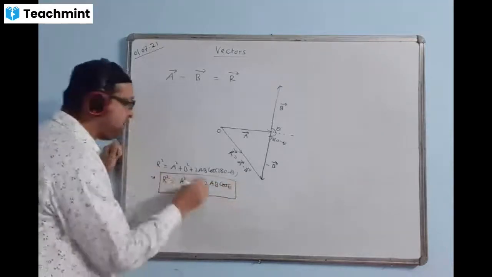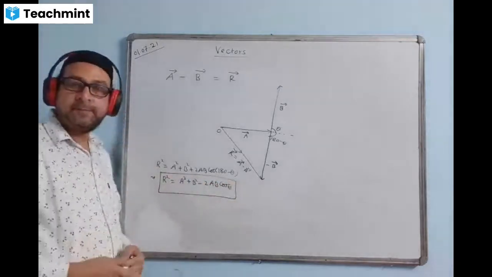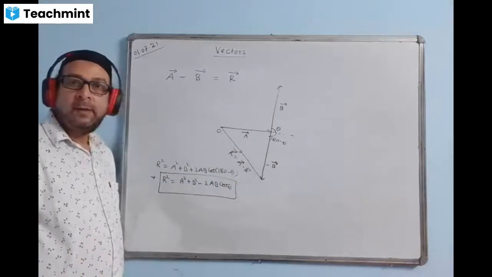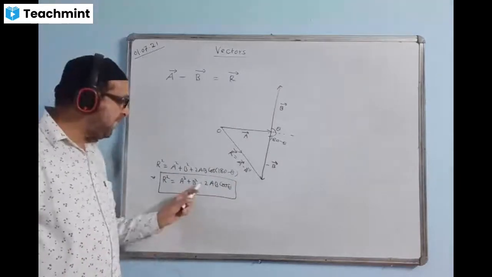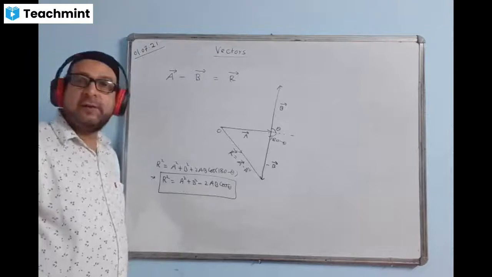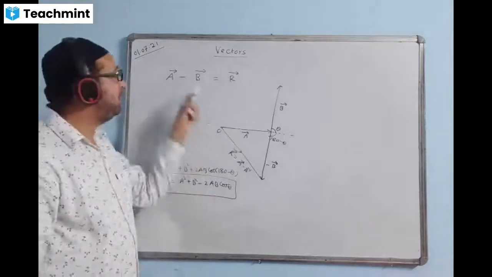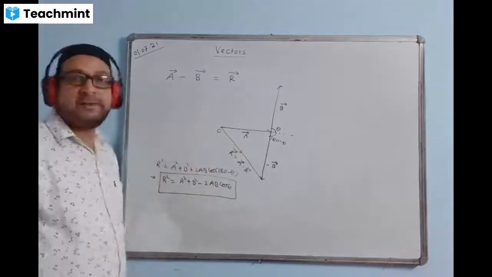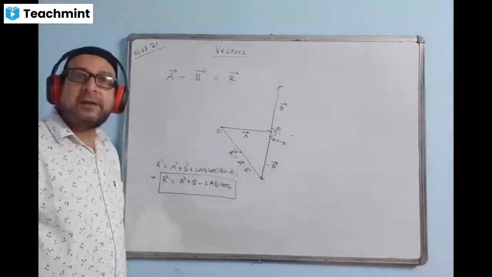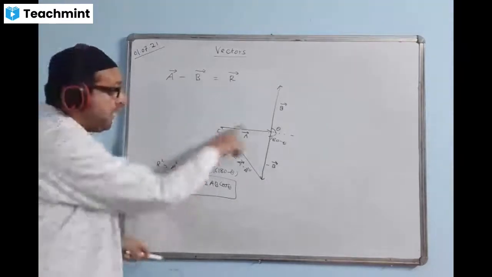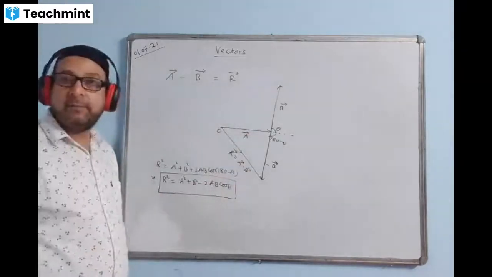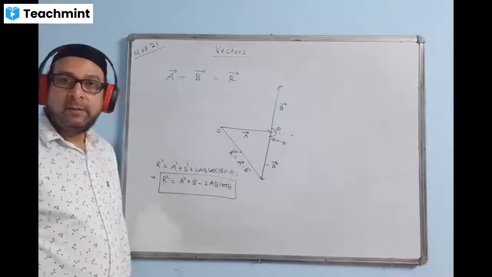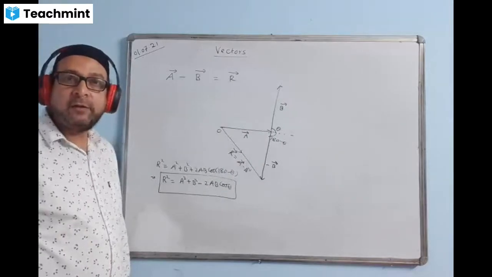So this will be the formula of R square in this case. That time, this sign will change to minus. If the two vectors are A minus B, when there is a subtraction, that means subtraction is also done by the law of triangle or by the law of parallelogram.